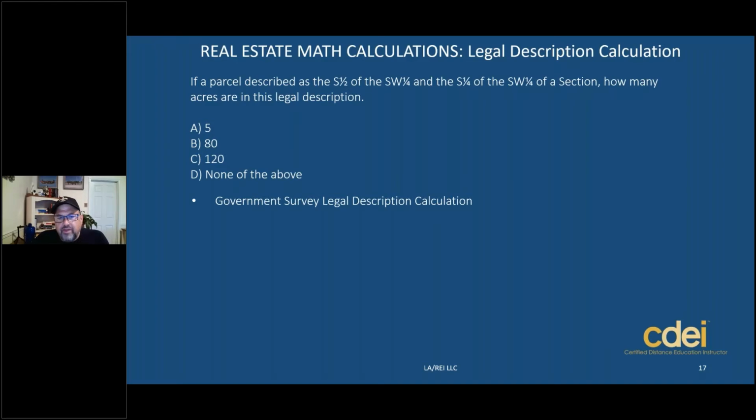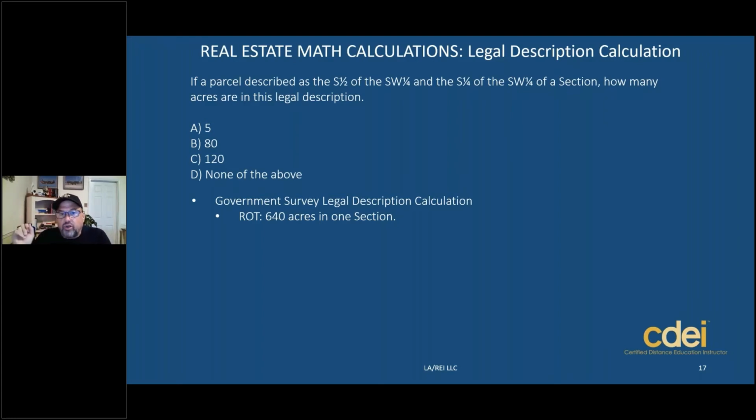Under the government survey legal description, when you calculate this, you have to know the rule of thumb. That's what ROT stands for. Rule of thumb, you must know that there are 640 acres in one section. So that's the number you're going to start out with, 640 acres. Then we work it to get down to the parts of whatever this legal description says of that 640.